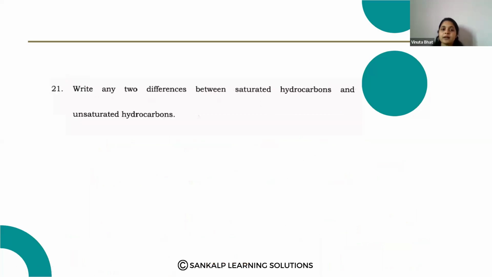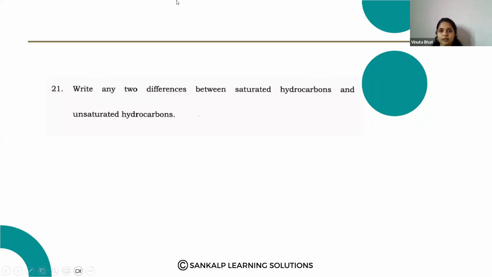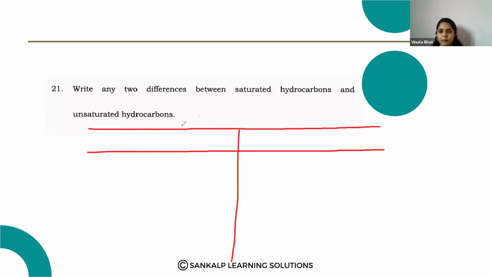Next question. Write any two differences between saturated hydrocarbons and unsaturated hydrocarbons. This is also a 2-mark question. Here, first you should make two columns: saturated and unsaturated.